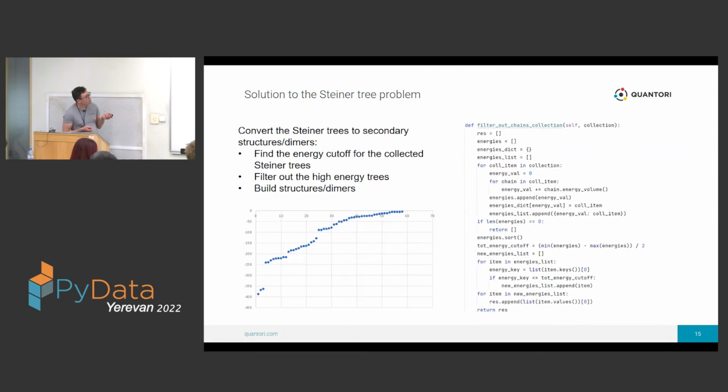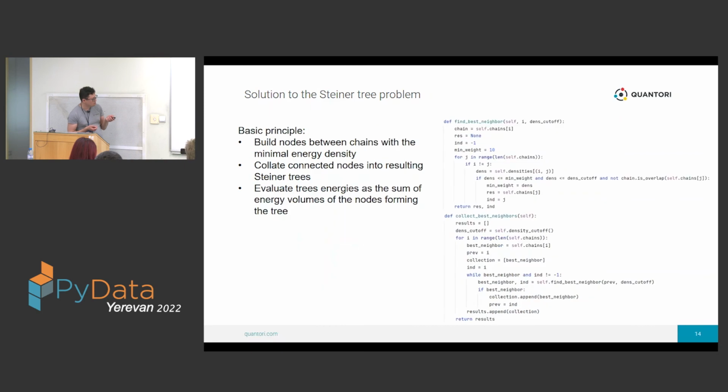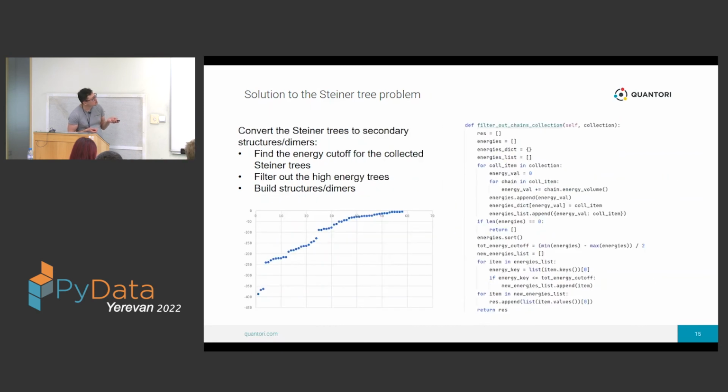So the thing is that those combinations also have their own metrics, and it's possible to cut off the trees which have high sums of energies, right? And the less energy is the better. So where is the code snippet?